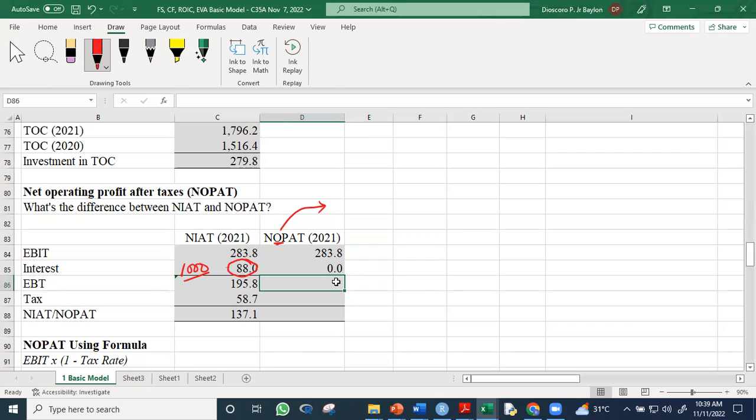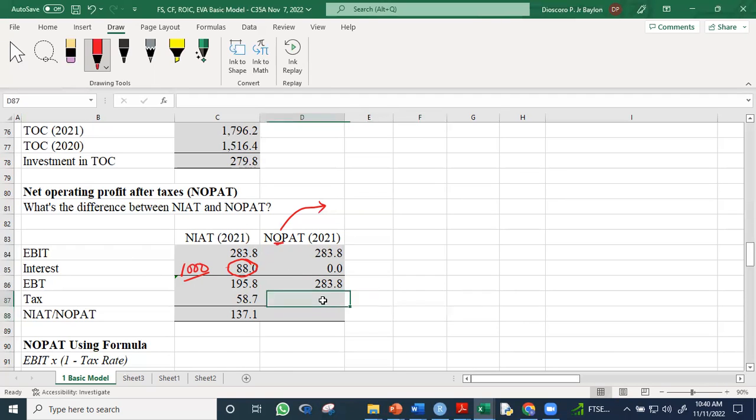Because it's not operations that's responsible for the incurrence of interest expense. So we will assess operations based on their performance and not on interest expense, which is not their responsibility. So this becomes now 283 minus 0. So our earnings before tax will be higher because we're not charging management with the interest expense incurred.